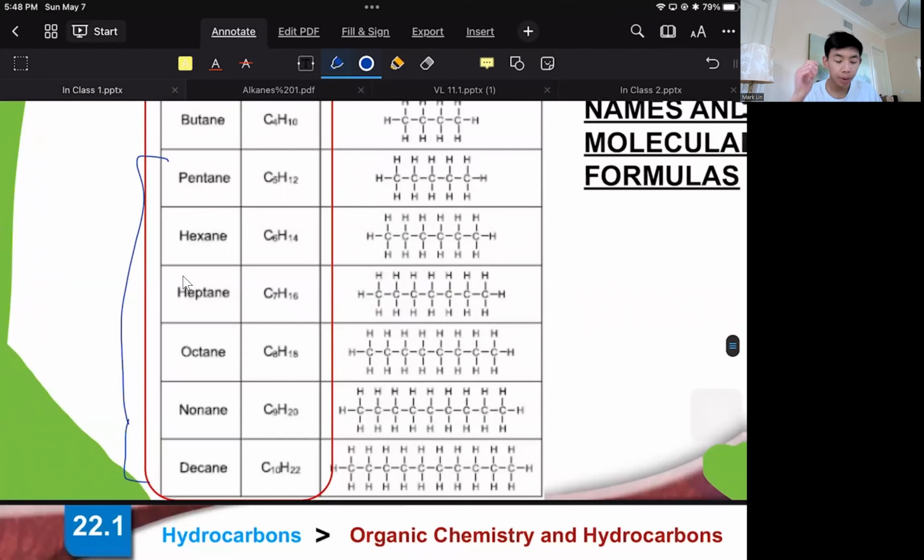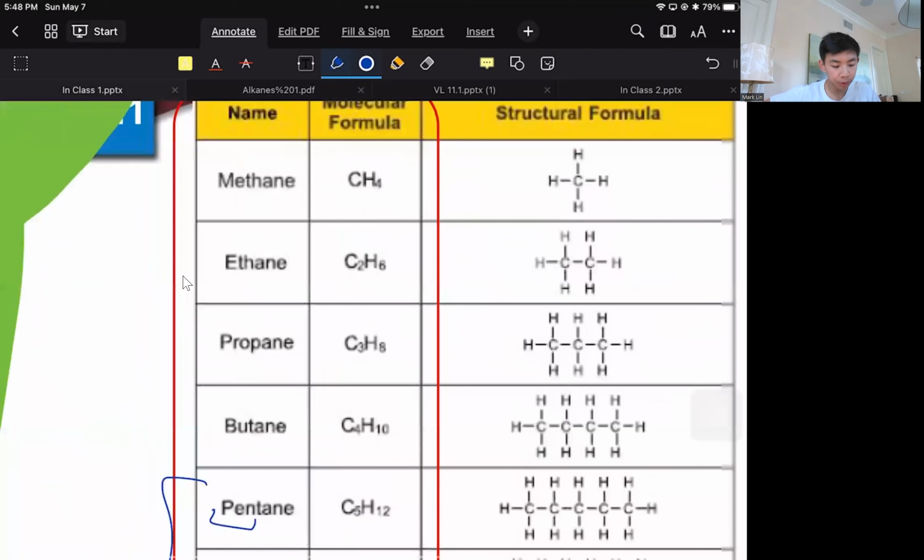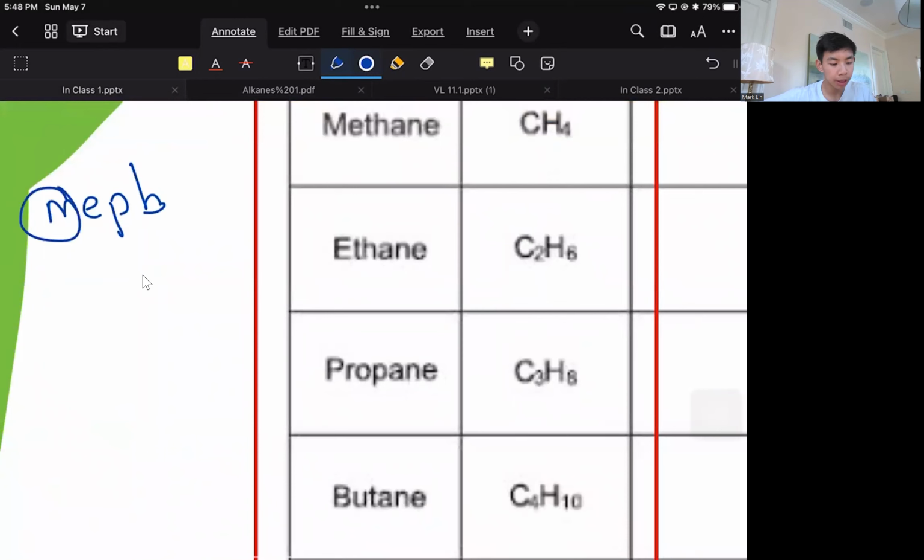The prefixes pent, hex, oct, non, dec, you should know already. But for these four, methane, ethane, propane, butane, Aaron was just saying MEPB. So methane, ethane, propane, butane.